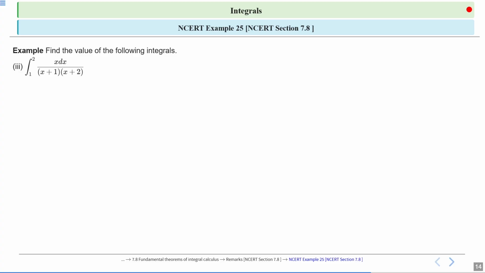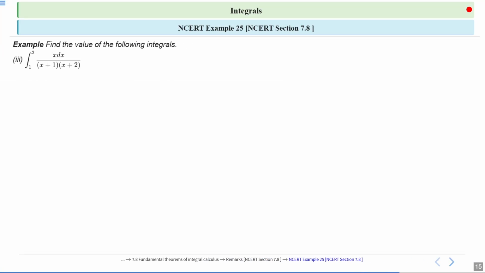So just think how we can calculate this integral. Okay, let's solve. We have to calculate I is equal to the integral from 1 to 2 of x dx by x plus 1 into x plus 2.